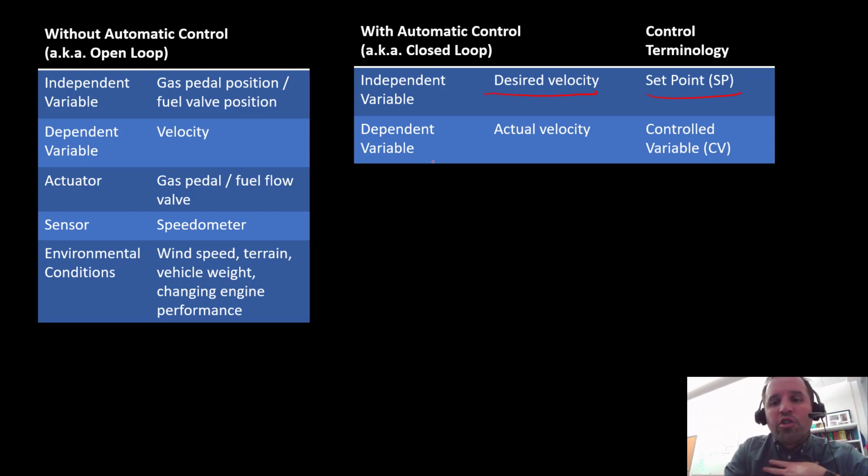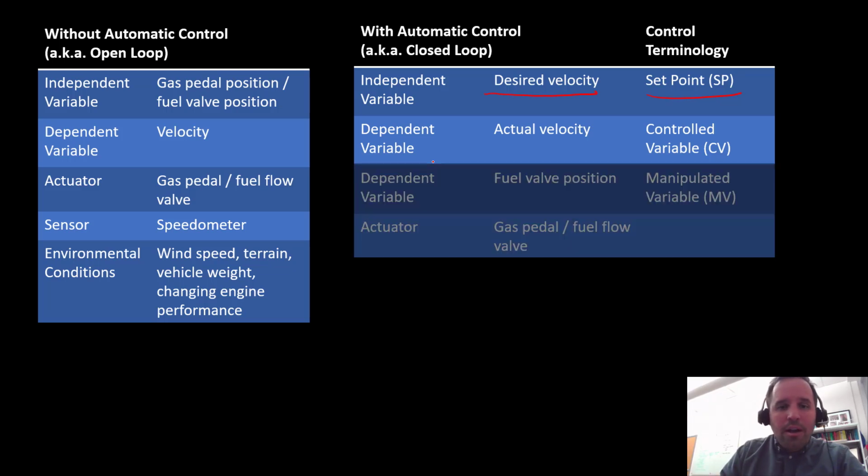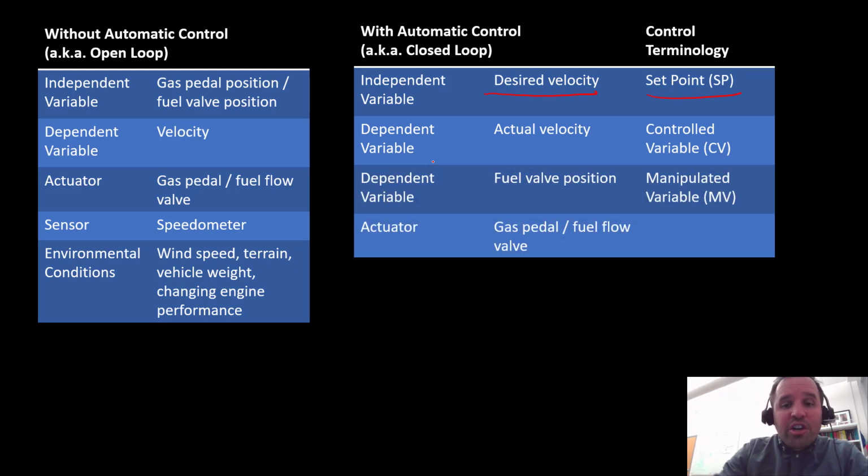We'd call this a controlled variable, or a CV, the thing we're trying to control so that it reaches our desired set point. That fuel valve position now becomes a dependent variable, so that's no longer something we're directly controlling. In control terminology, we might call that a manipulated variable, or an MV.